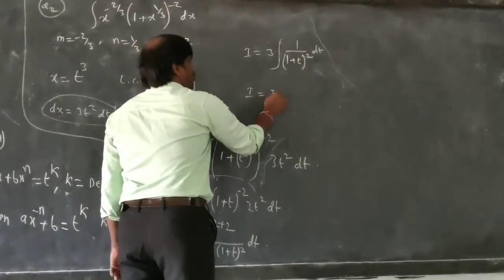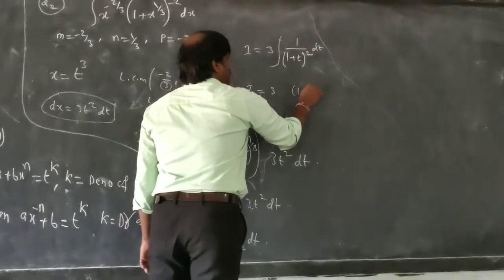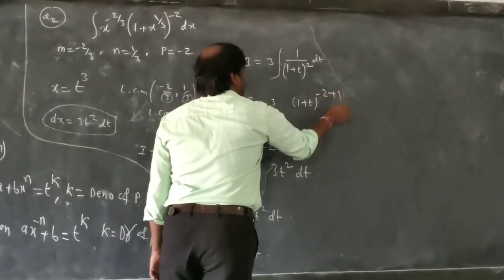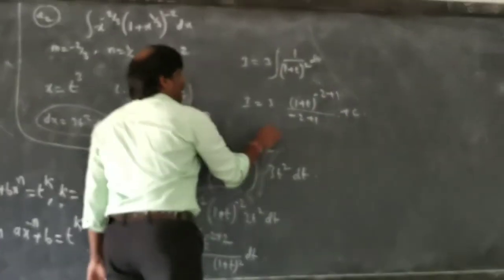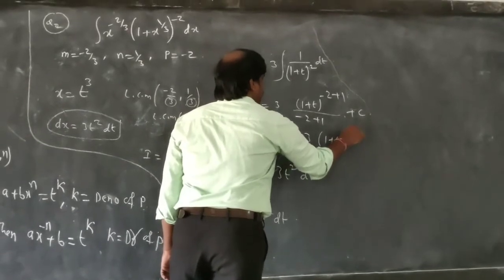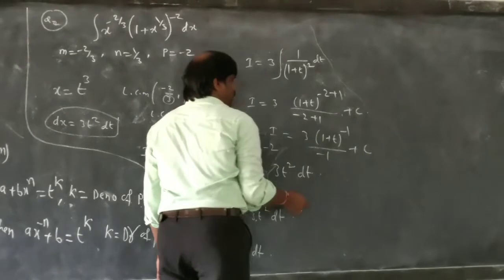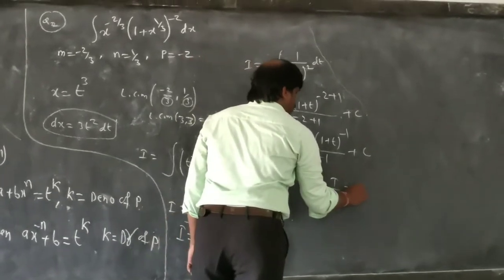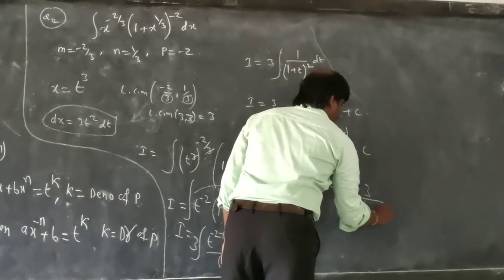So I is equal to 3, and integration of this is nothing but (1 plus t) to the power of minus 2 plus 1 by minus 2 plus 1, plus c. Now I is equal to 3 into (1 plus t) to the power of minus 1 upon minus 1, plus c. So here the final answer is I is equal to minus 3 upon (1 plus t), plus c.